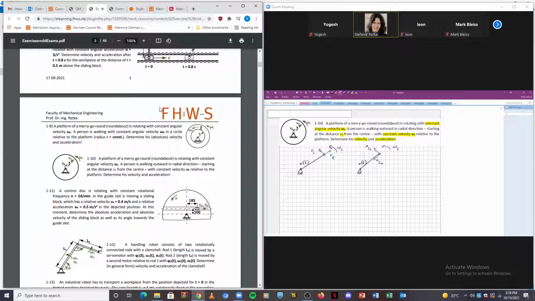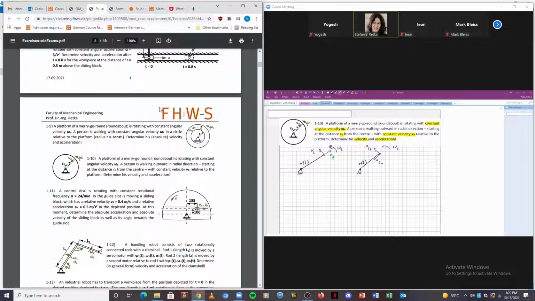How do we find the direction of the Coriolis acceleration? We need our right-hand rule. Our thumb corresponds to the axis of rotation of the leading motion, omega L. So this means our thumb points outwards of the plane of paper, upwards, right?